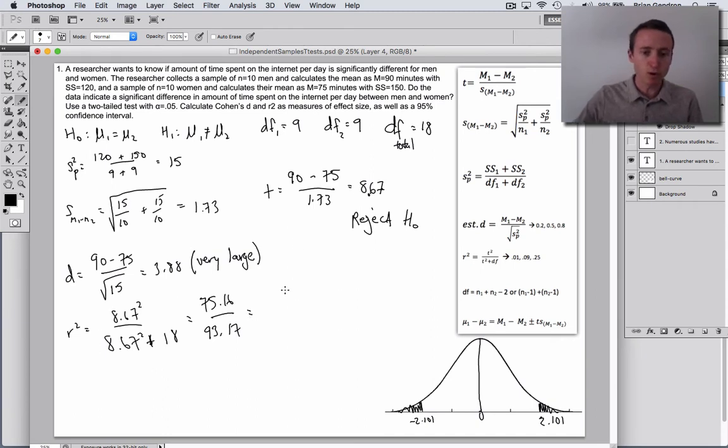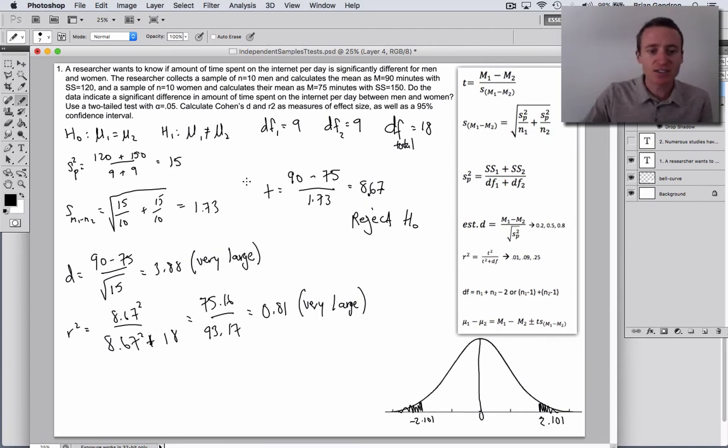I'm seeing 0.81. And so the cutoff for a large value is 0.25. So this is very large. There's a very large difference in internet usage between men and women according to R squared.